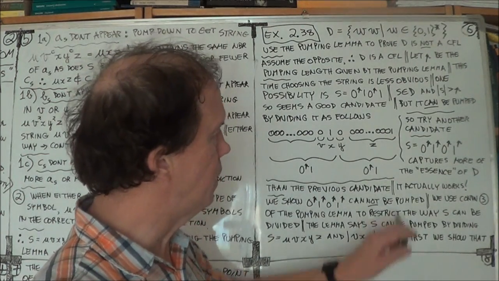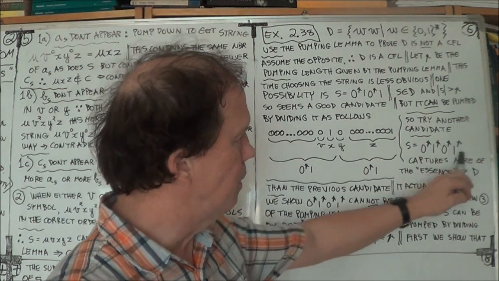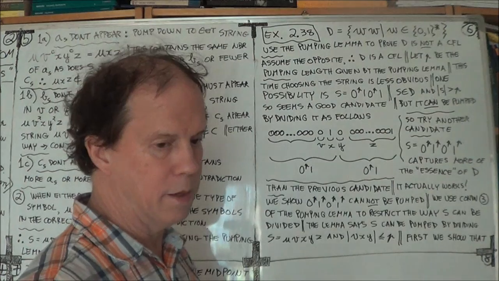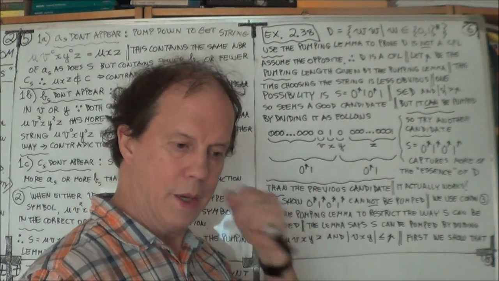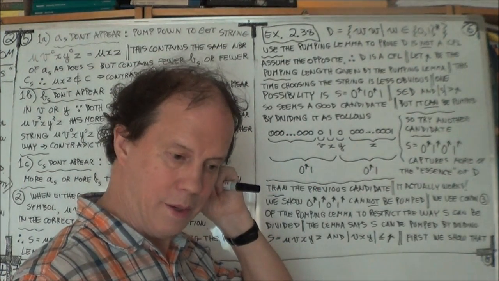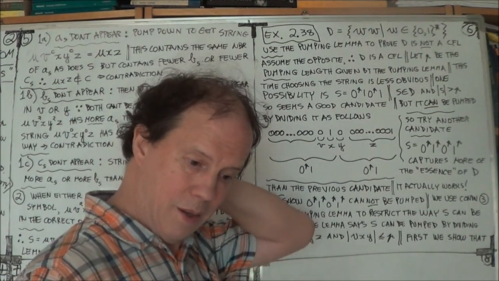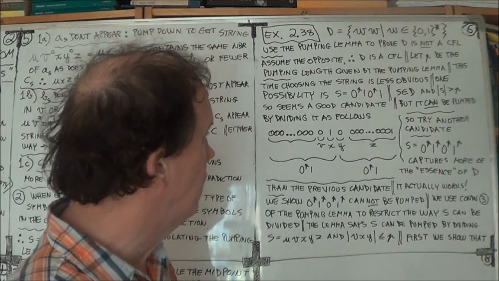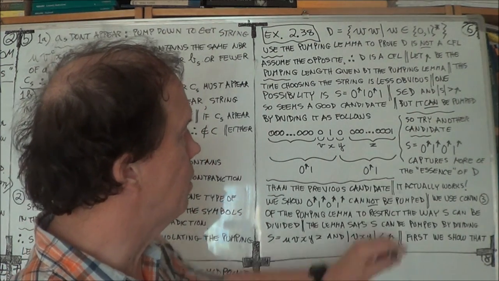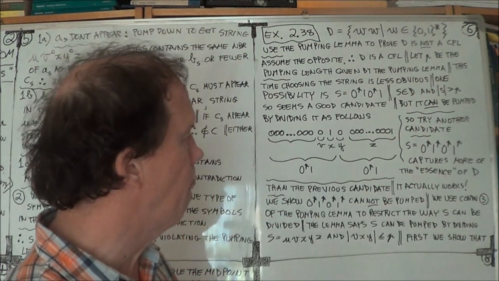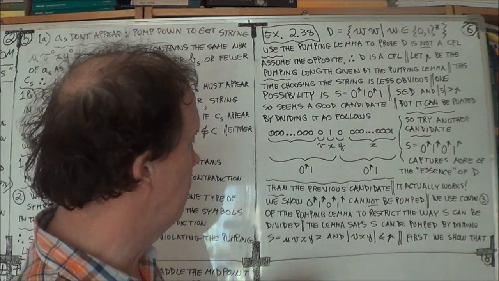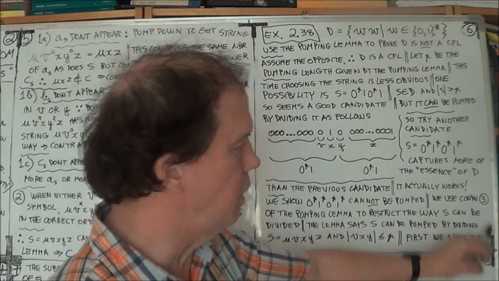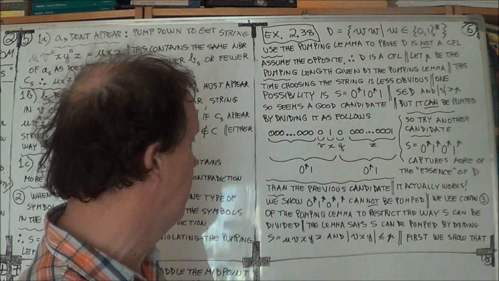So the pumping lemma says that you can divide this string into 5 parts, uvxyz, such that that divided string can be pumped. Okay. Now to show that this string cannot be pumped, we're going to use condition 3 this time.